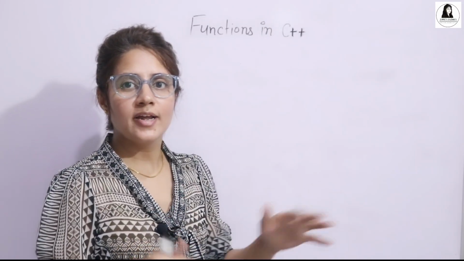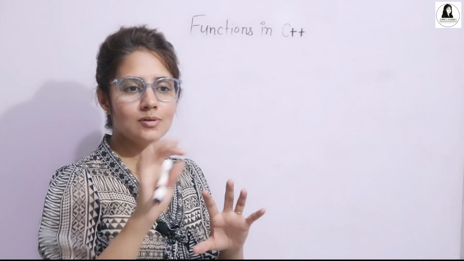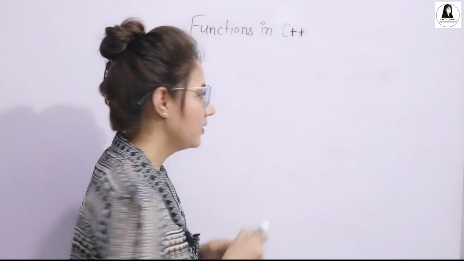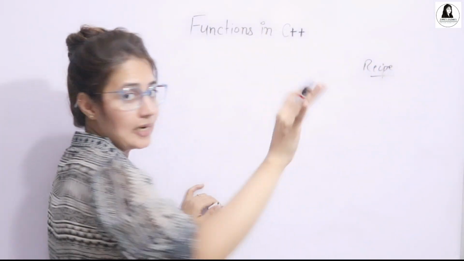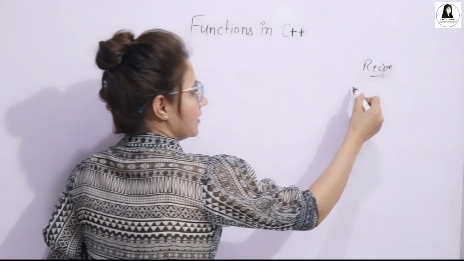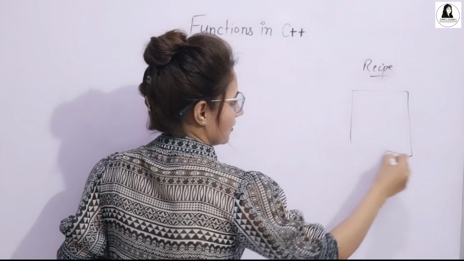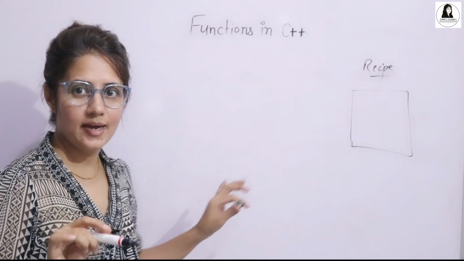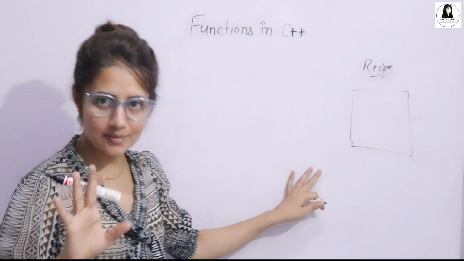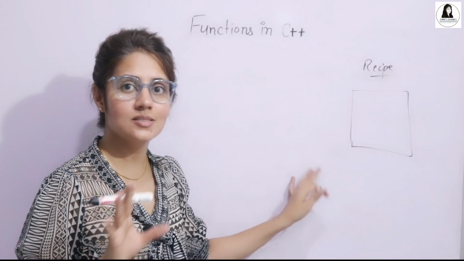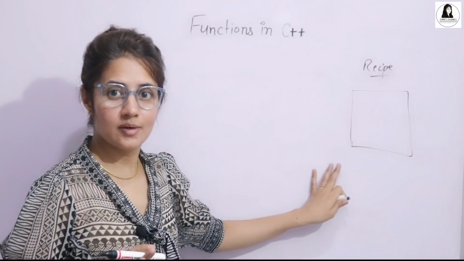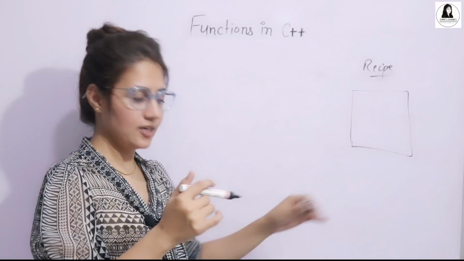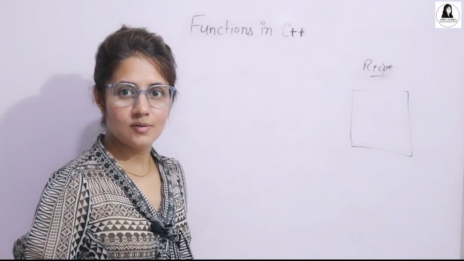So rather than this, what I can do is write down those steps on a piece of paper and call it, like, a recipe to make idli. And whenever my friend comes to ask for the recipe, I just tell her to read all the steps here, rather than repeating those steps.